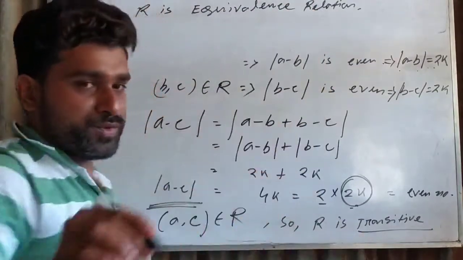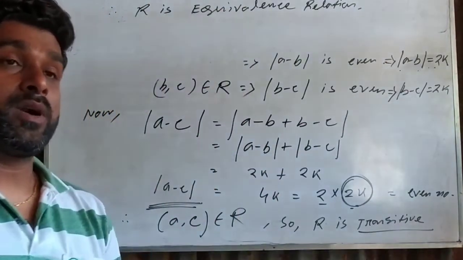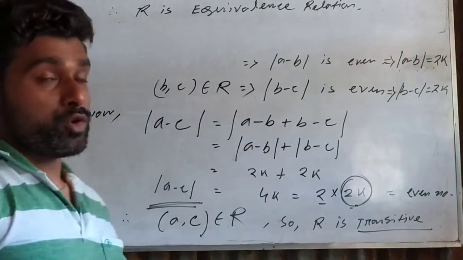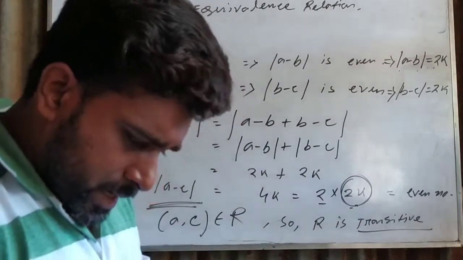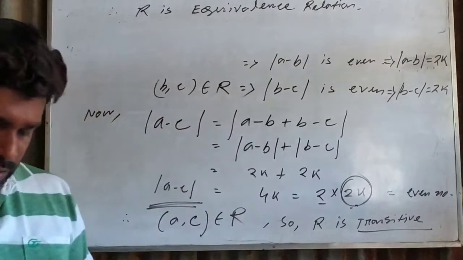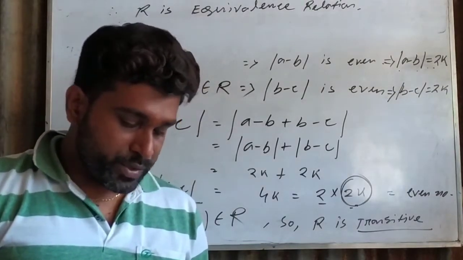First part is, you can see in the question various parts are there. In the first part you need to prove the equivalence relation. Here it is proved. Now in the next part, show that all the elements of the second bracket 1, 3, 5 are related to each other.